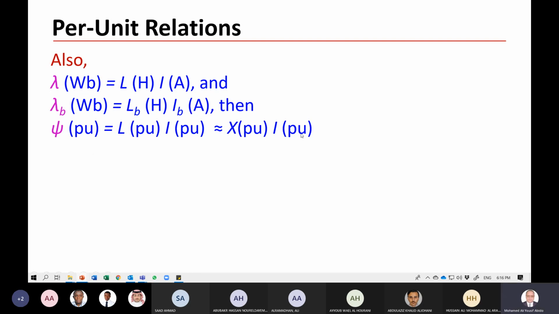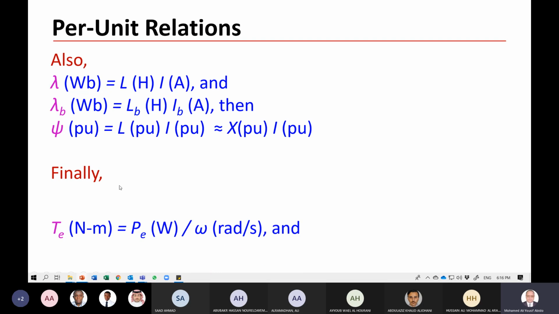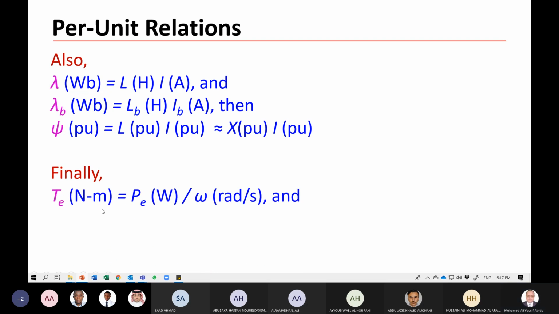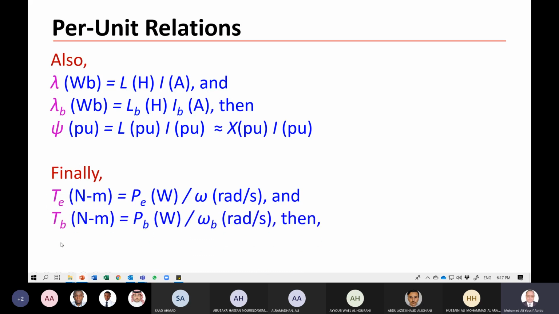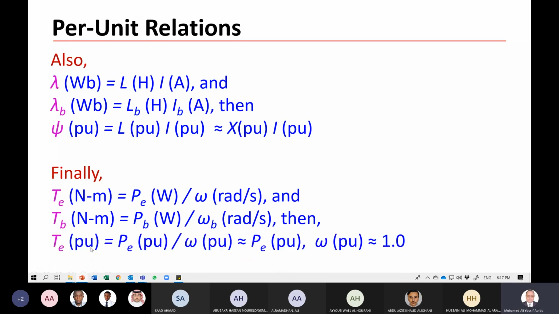So it is x times I or L times I, and this is approximately equal to x times I. And finally, torque equals P over omega, and if omega is approximately 1 per unit, then torque per unit will be equal to power base over omega base. And if you divide, then the torque per unit equals power per unit over approximately 1, so torque equals power per unit.